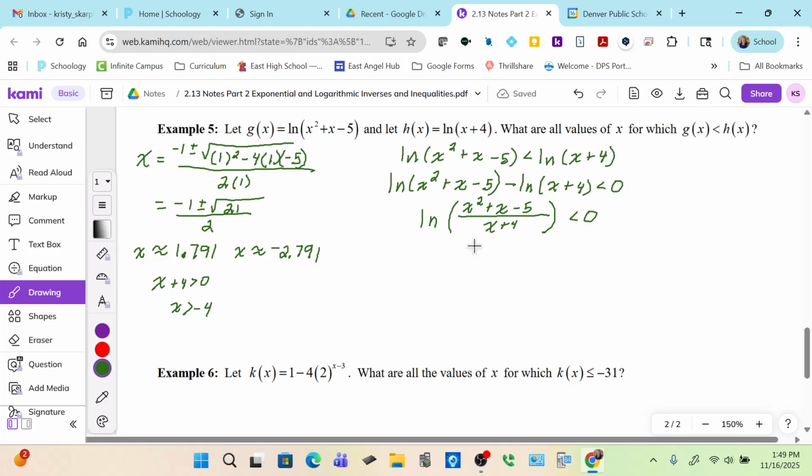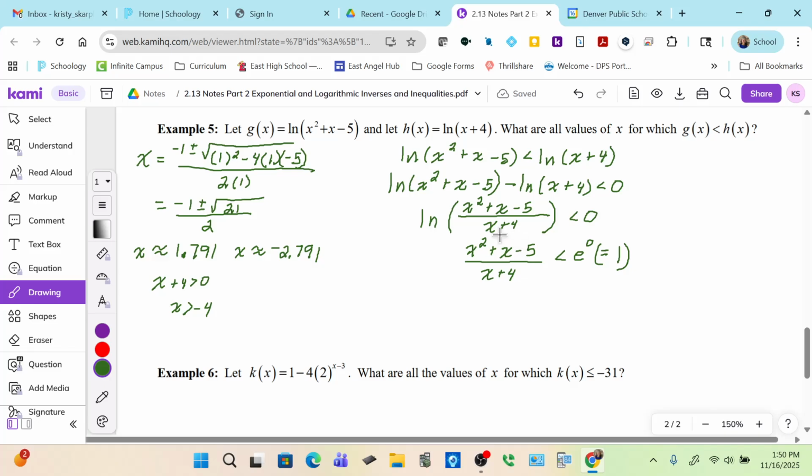And now I can write my exponential form to eliminate the logarithm notation. That will become x squared plus x minus 5, all of that over x plus 4, is less than e to the 0 power. The base of natural log is e. Well, we know that e to the 0 power is actually 1, so I'm just going to put here equals 1 in parentheses.